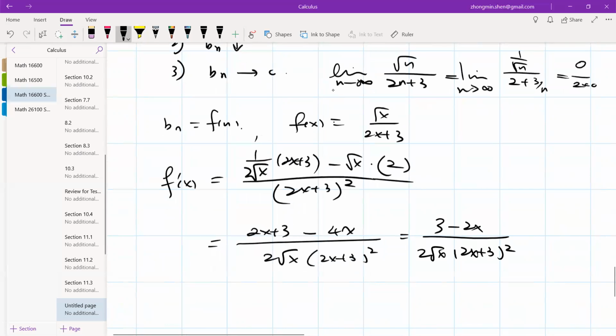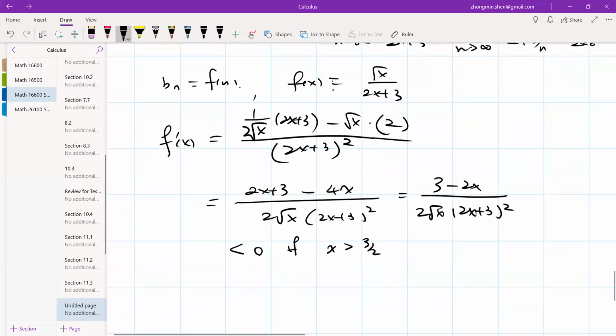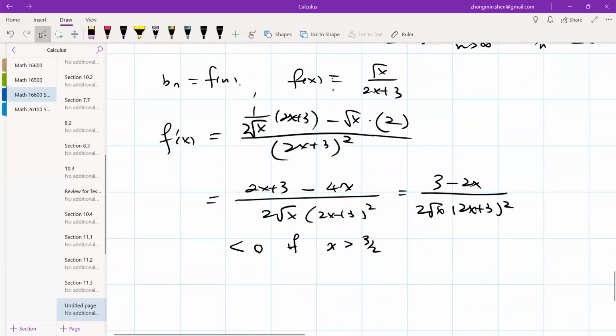All right, and is going to be negative? I think so. For large x, the numerator is going to be negative. So this is going to be negative if x is greater than 3 over 2. Okay? That's how the function looks.